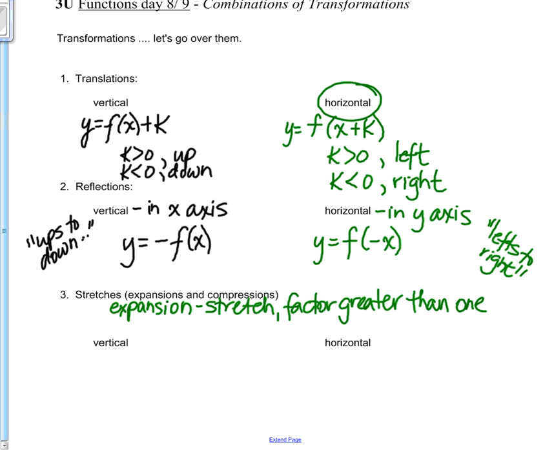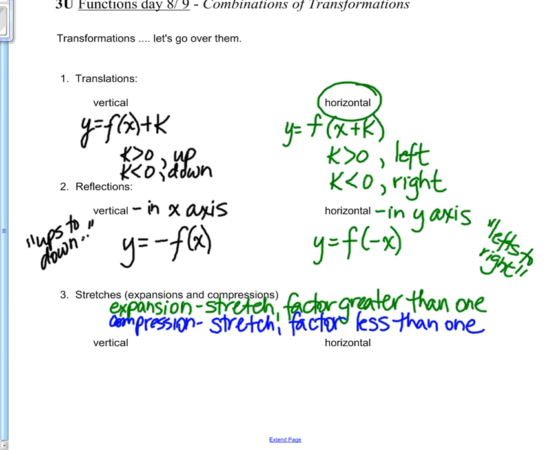Compression is also technically a stretch, with factor less than 1. Greater than 0, because our negatives would be the reflections that we've already dealt with.